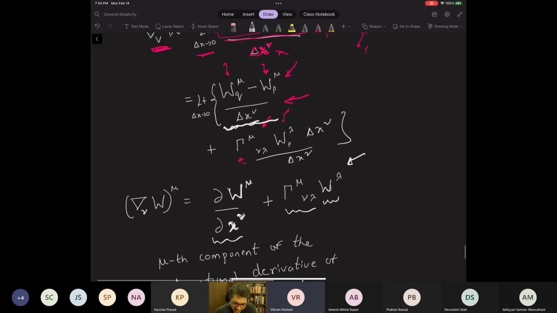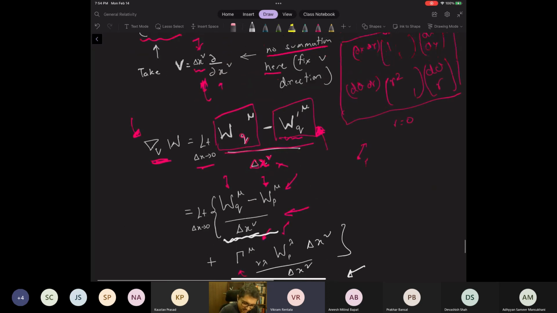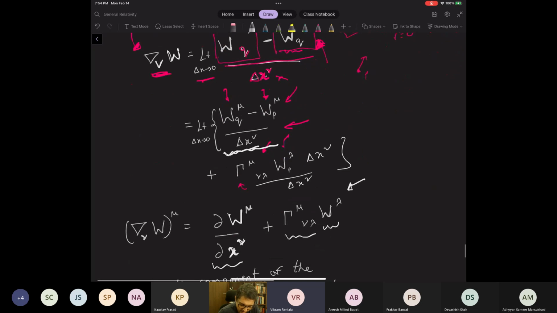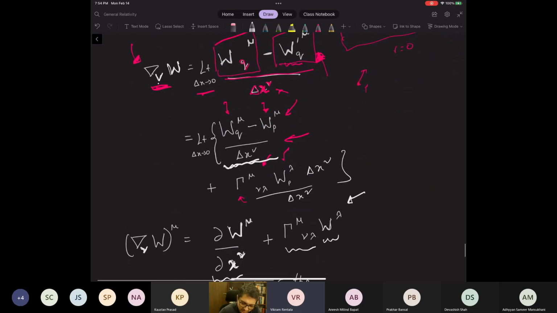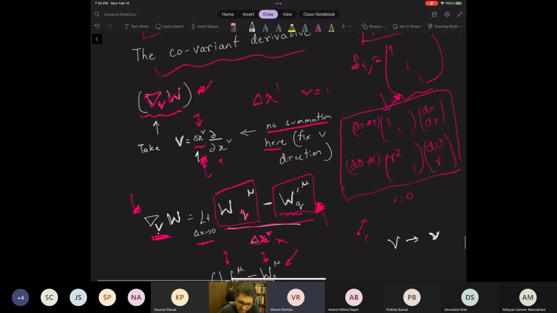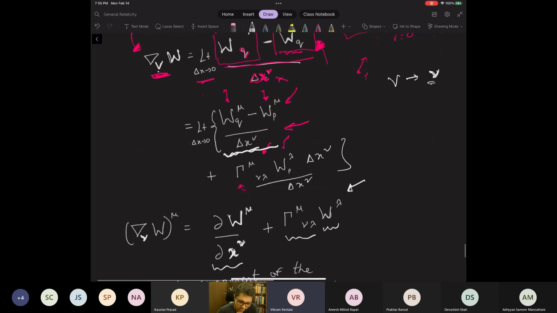So now what this does is it defines for me delta V W, and this delta V corresponds to a displacement V which was in the direction nu, because we only assume this is non-zero in some particular direction nu. So this defines the derivative in the nu direction, and it gives me the muth component of that derivative.